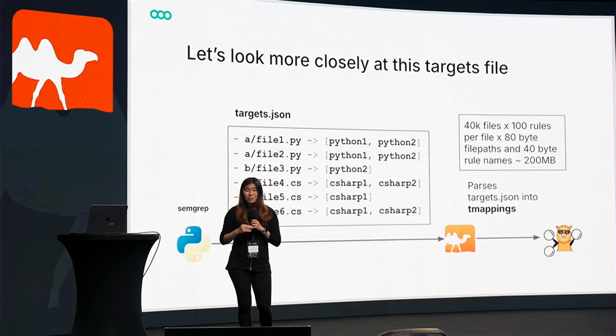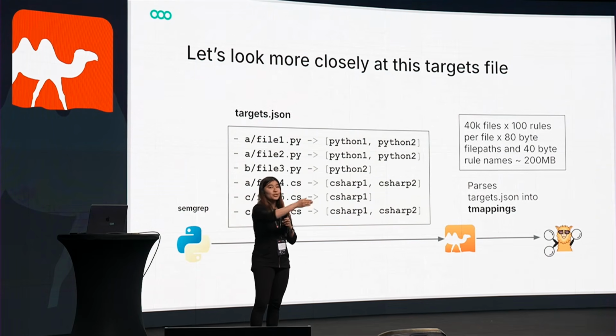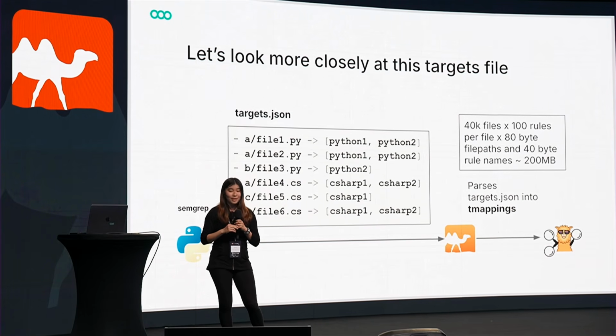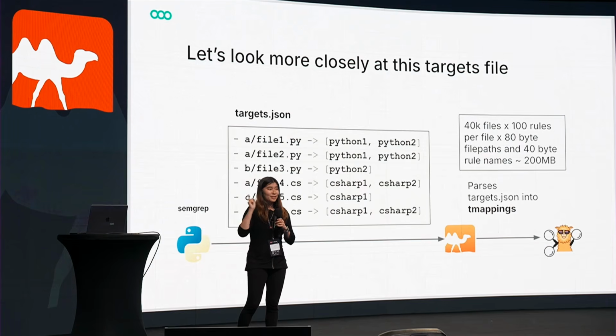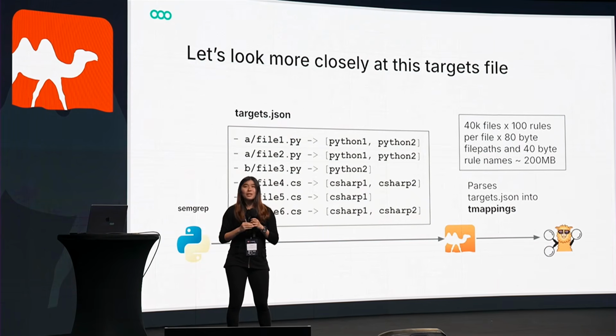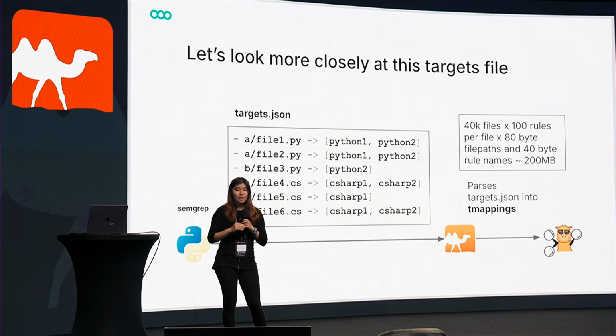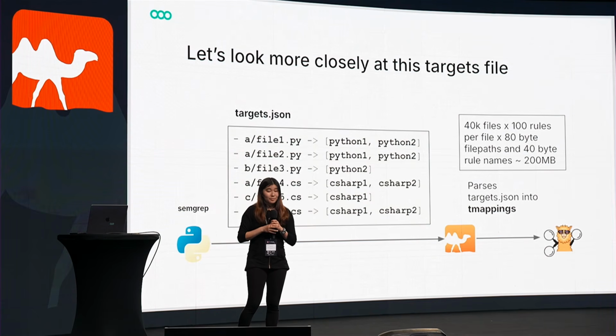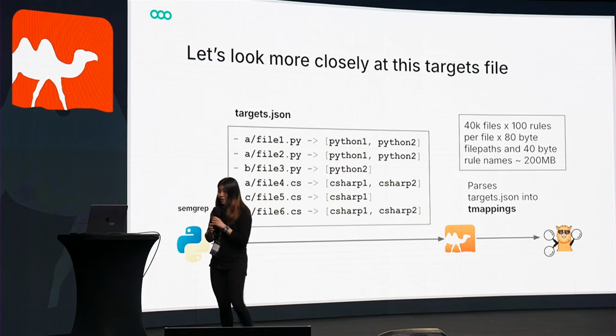And the rule names are nice descriptive names that help categorize them, so the rule names themselves are 40 bytes. This structure was roughly, we would get 200 megabyte ones, and we would see some that were like 300 megabytes. So that's actually pretty substantial.